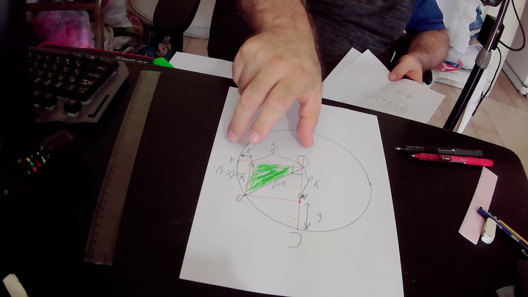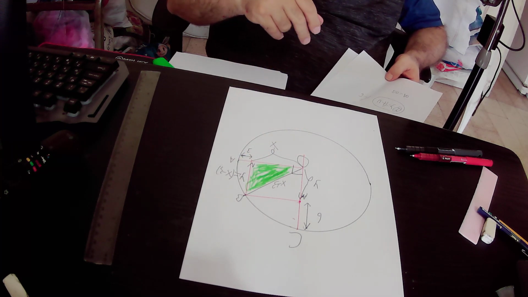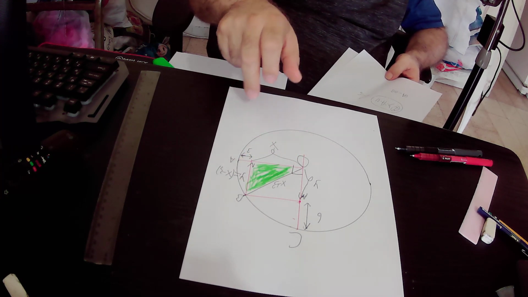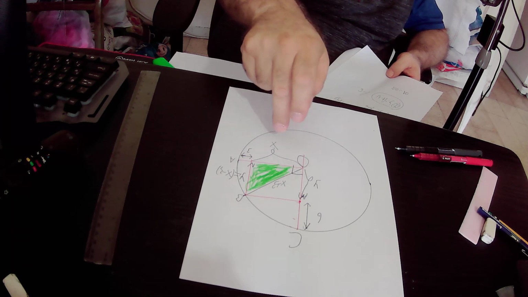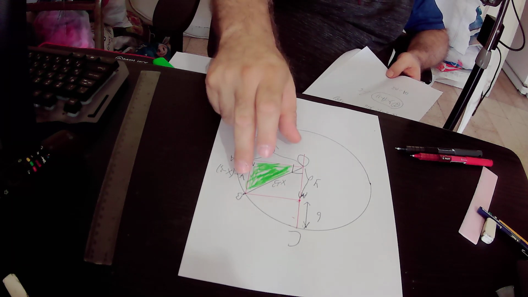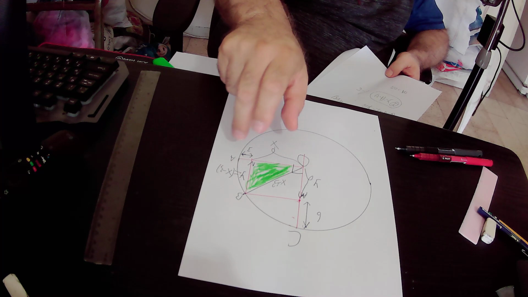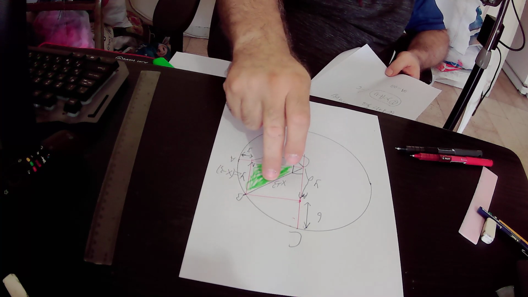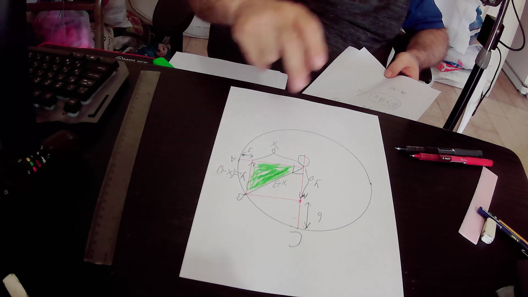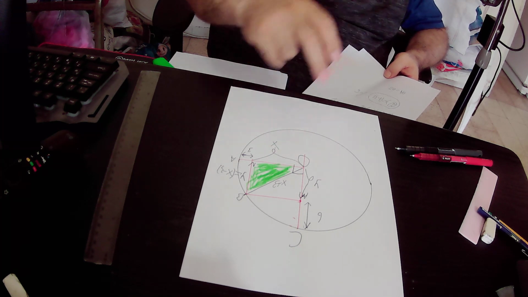Actually, OA equals OB because both of them are radii of this circle, but we know that OA equals x plus 3, so OB also will be equal to x plus 3.